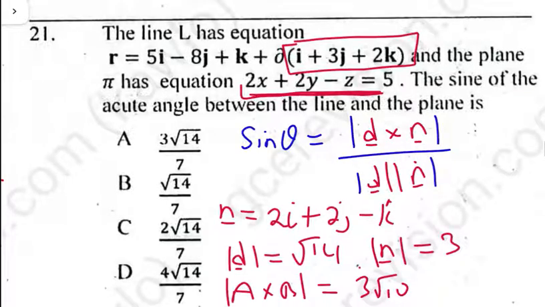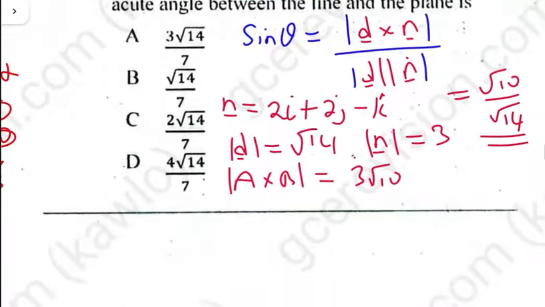And from here, actually the answer to this one is not here, because the answer I obtained is root 10 on root 14. So check that out. If you have any comments, please leave them in the comment section. So the key is actually not here. But since you must always choose an answer, you can just choose A.